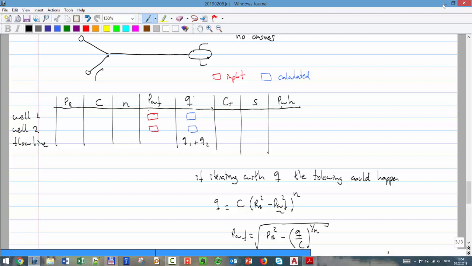This is an input, this is an input, and this is an input, this is an input, and this will be the output.